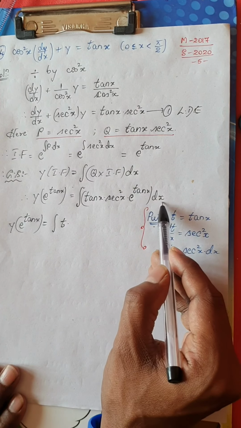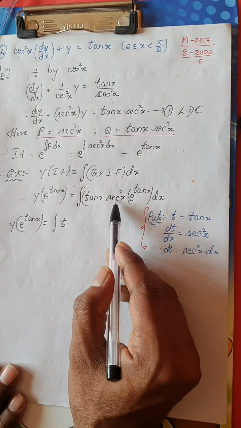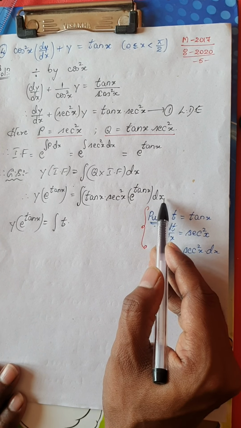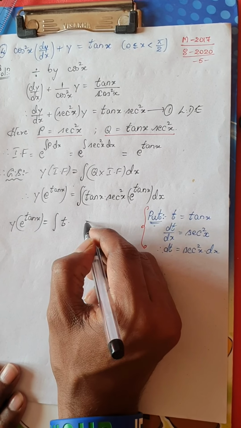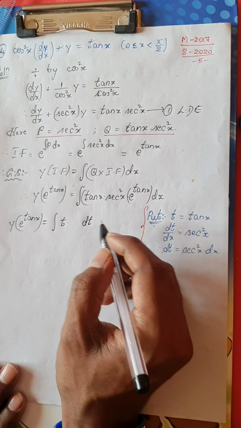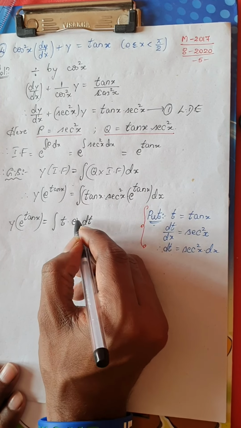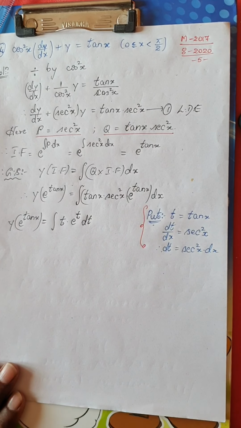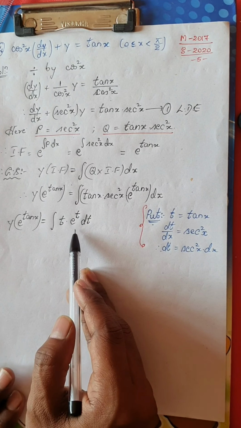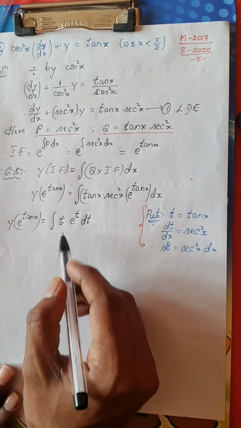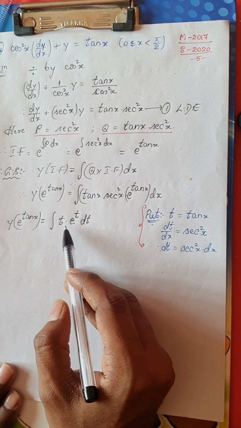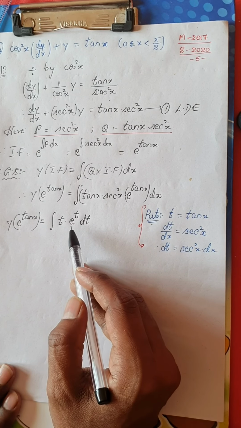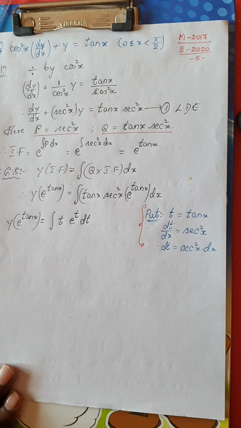Now secant square dx is nothing but dt. So that will be dt here, and e power tan x can be written as e power t. Now you have seen this kind of integrals in your integration by parts. Once again, you have two functions, and solving this would follow the process of integration by parts.